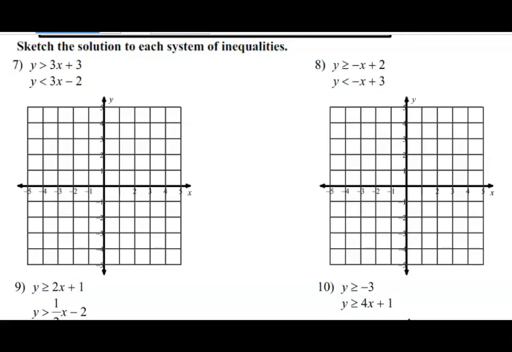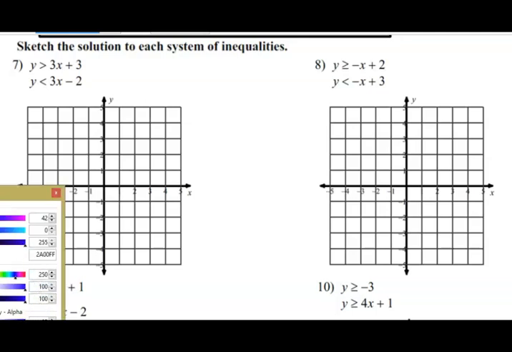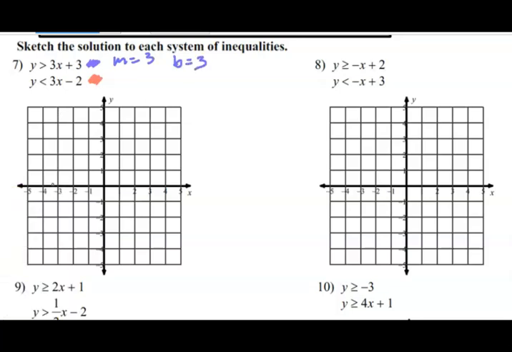For this one, let's say that we have the blue one and a red one. The blue would have a slope of 3 and a y-intercept of 3. Let's go ahead and write that in. So we have 3 with the hole, down 3, left 1, down 3, left 1, down 3, left 1.